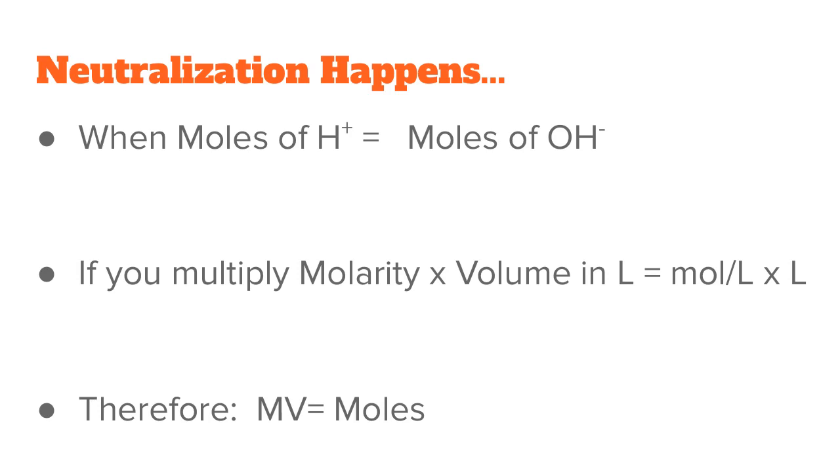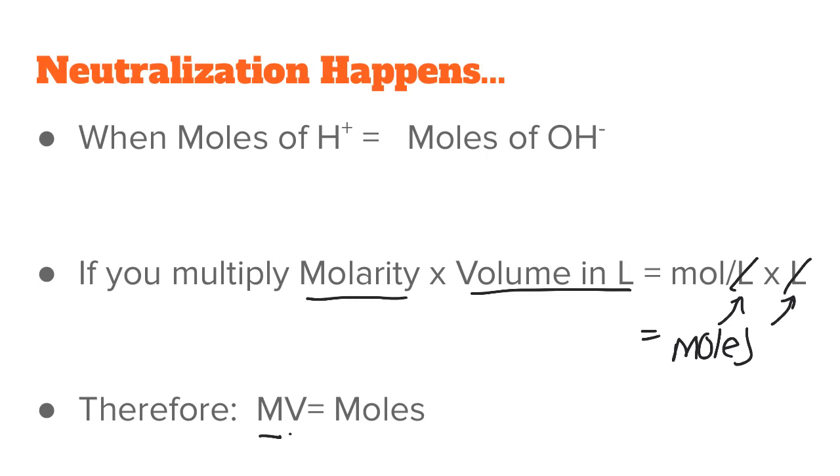Now what's interesting is if we think back to concentration, when we learned about molarity, if we take molarity and multiply it by volume in liters and we look at the units and cancel them out, this is in the denominator and this is in the numerator, so those two cancel, notice that it cancels out to just moles. So molarity times volume in liters always equals moles.